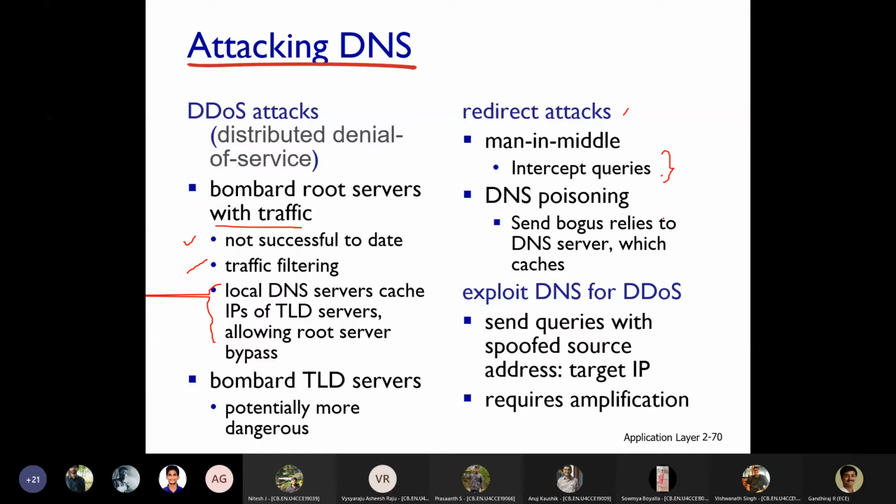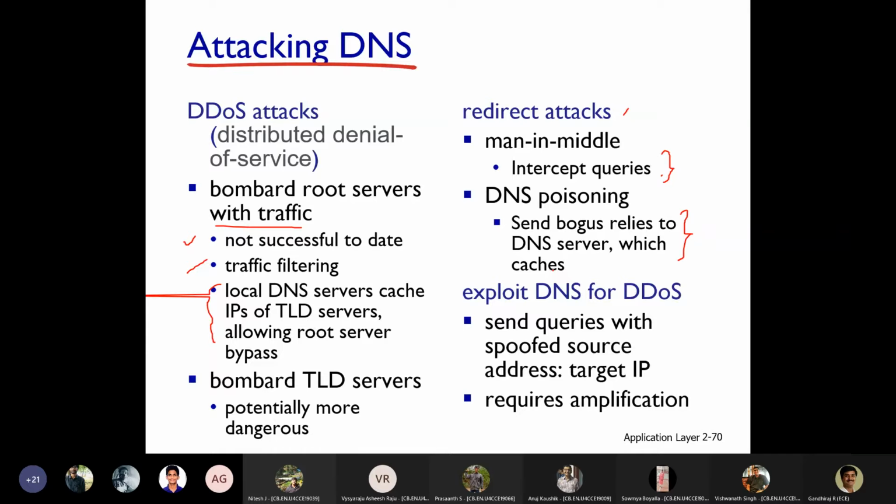The next one is DNS poisoning, which sends bogus replies to a DNS server which caches them. So it's bogus, due to virus programs. We can also write our own virus program for that, but ethically speaking, we should not do that.